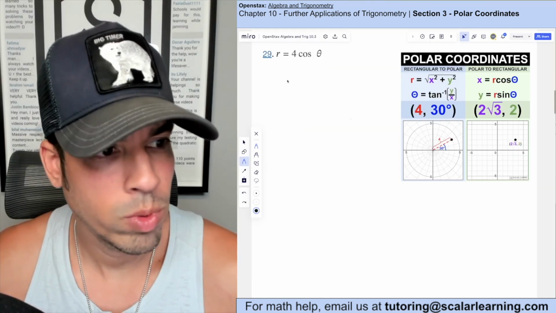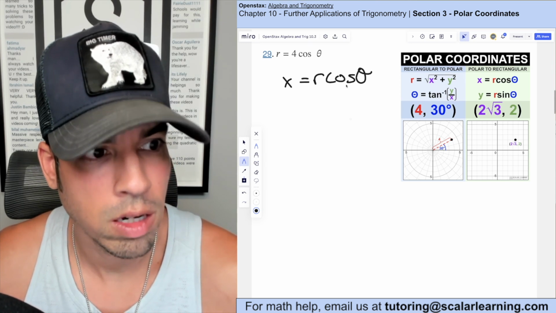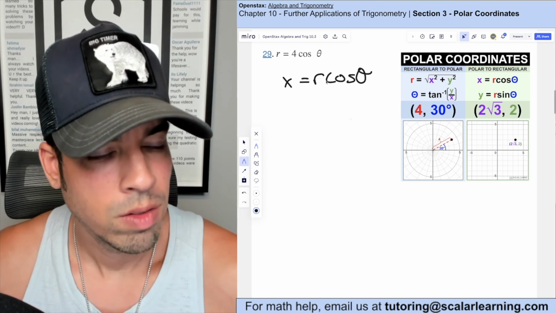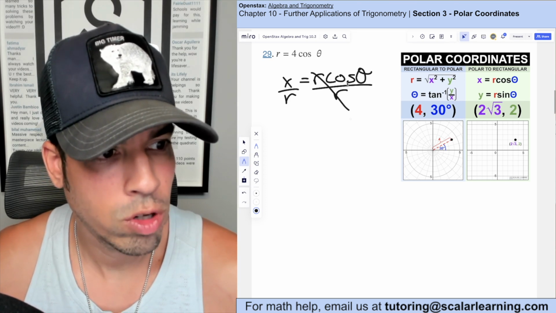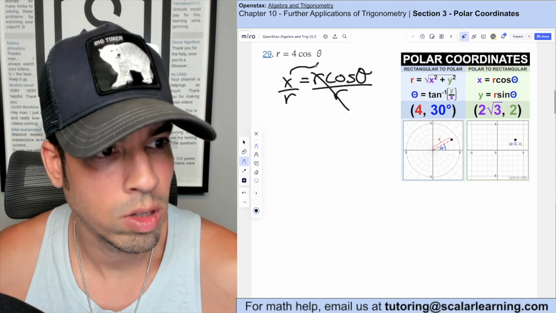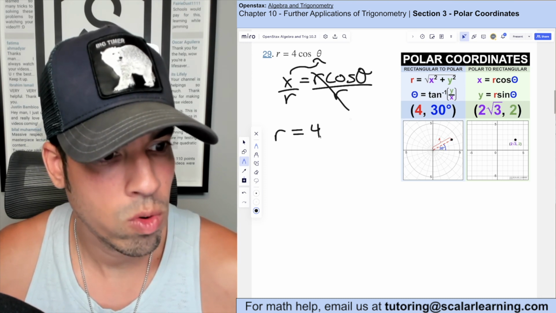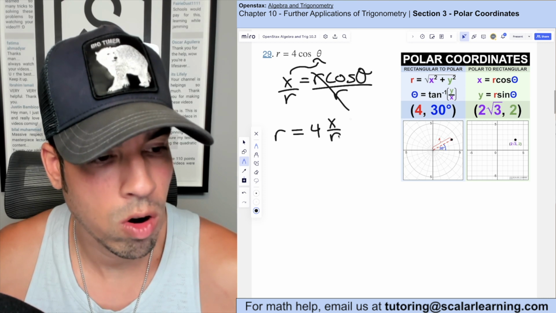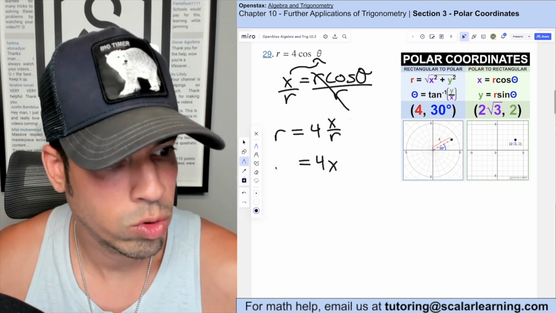Done. I'm going to start with the fact that x equals r cosine theta. And what that then means is if I divide both sides by r, I've got x over r equals cosine of theta. So first I'm going to substitute that in here for cosine of theta. So I got r equal to 4x over r. Then I'm going to multiply both sides by r, and then I have 4x equal to r squared.